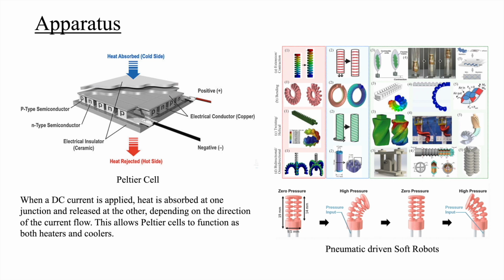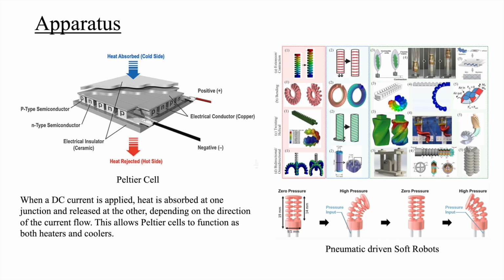Number one is a Peltier cell. A Peltier cell uses thermocouples. In thermocouples, we have two different metals with different thermal conductivities. This is the reverse of the Seebeck effect, where if we heat up one side and keep the other side cold, a voltage difference is generated because of the difference in the thermal conduction of the electrons.